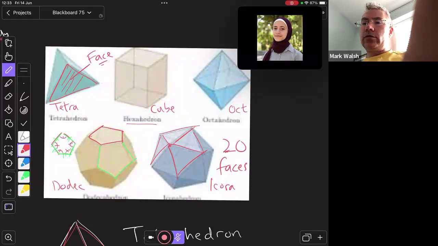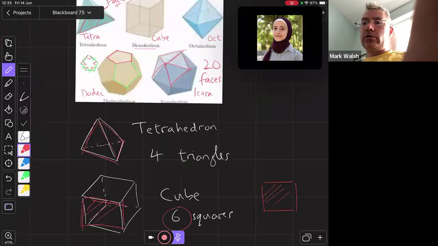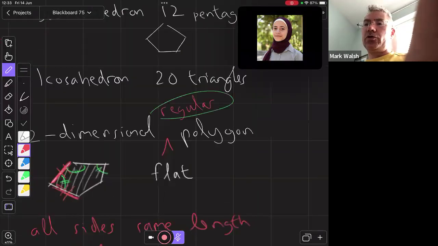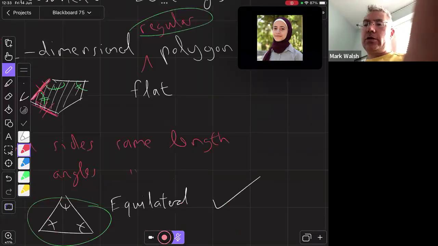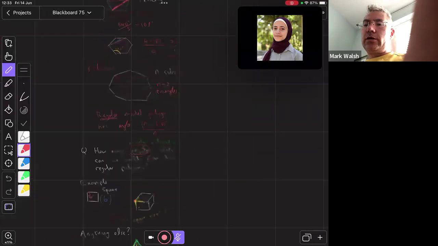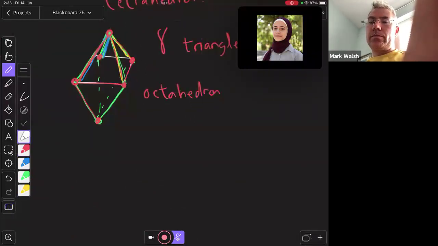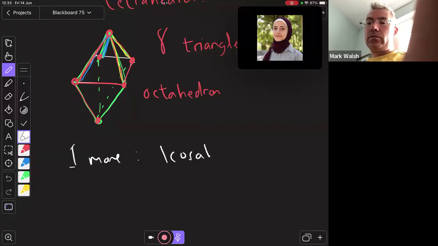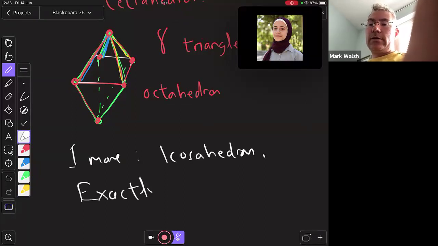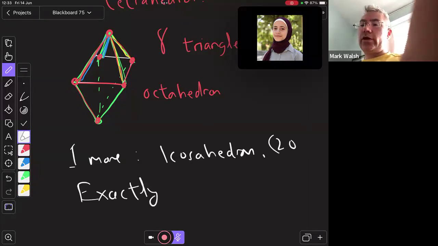So it is a fact, and something I will attempt to prove to you, although I may not get everything done today. But it is an interesting fact. So there's only 3 of these: the icosahedron, which has 20 triangles.